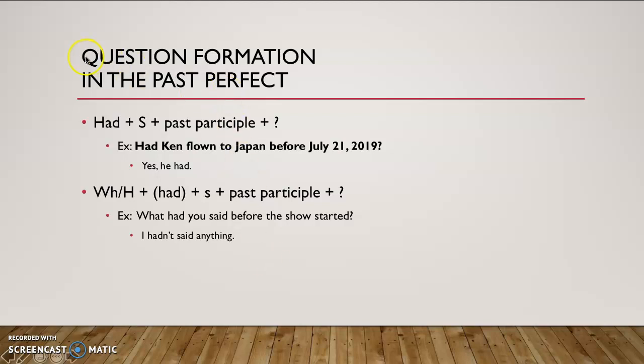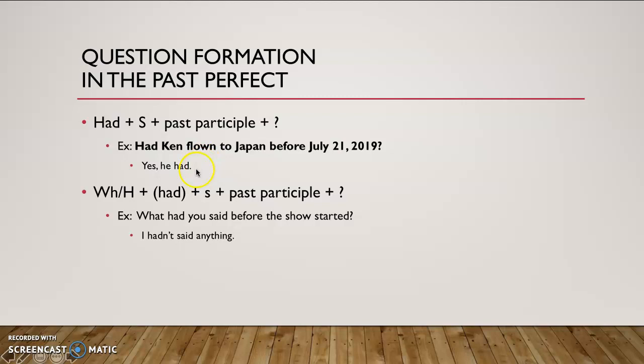And we're looking at question formation in the past perfect. With a yes or no question, we start with had plus the subject, then the past participle, and then our punctuation mark is the question mark. Example: Had Ken flown to Japan before July 21st, 2019? Notice the past participle of fly is flown.